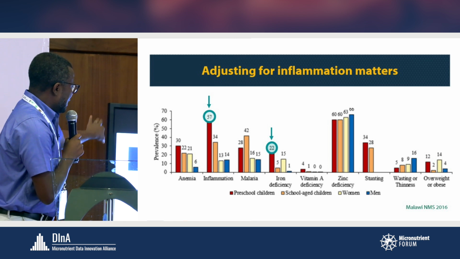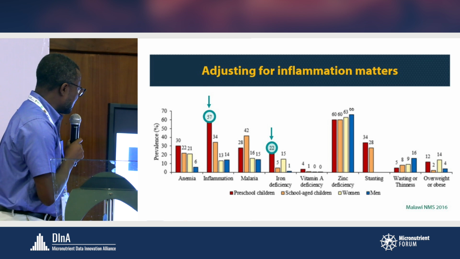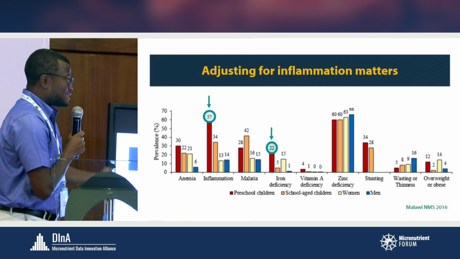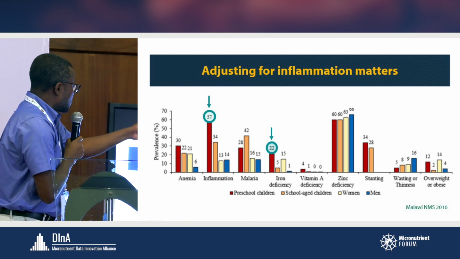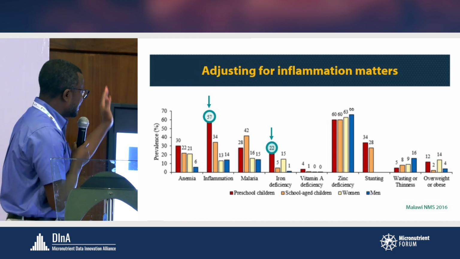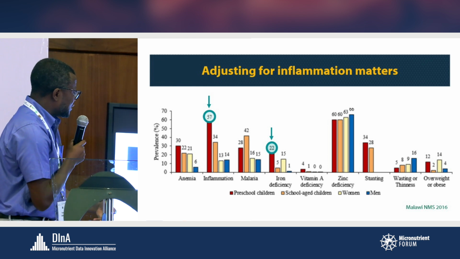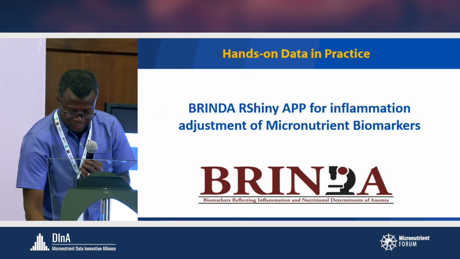We see that the prevalence of inflammation in children was 57%. With a prevalence of inflammation this high, we need to adjust for inflammation when looking at iron deficiency in order to see the bigger picture.